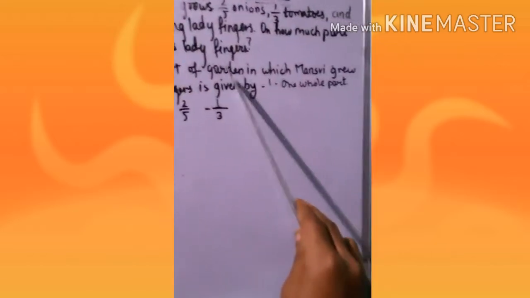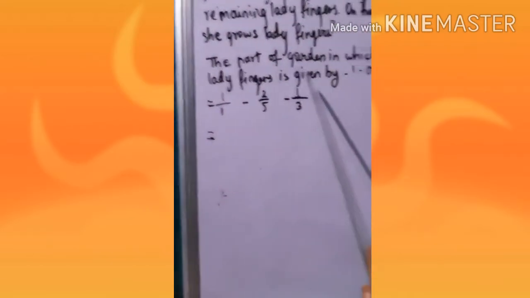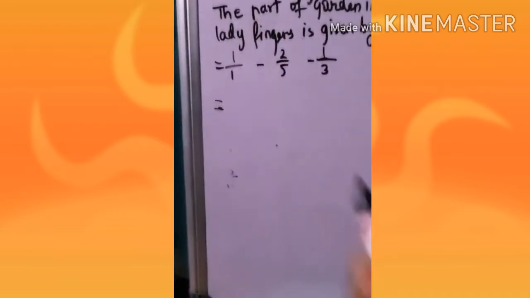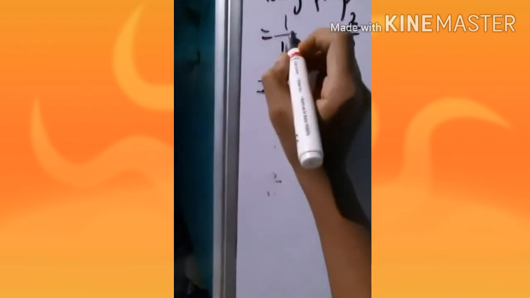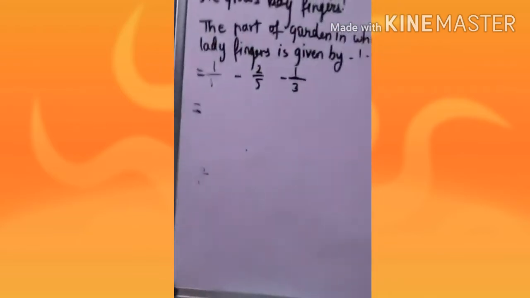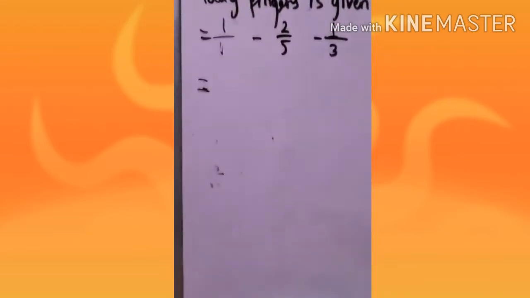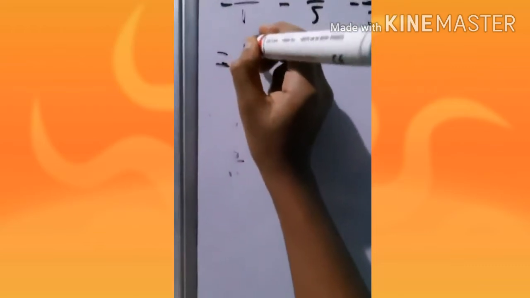First of all, we will write that the part of the garden in which Manasvi grew lady fingers is given by one whole part. If there is no denominator, then we will write only 1. Now we will write the same down.